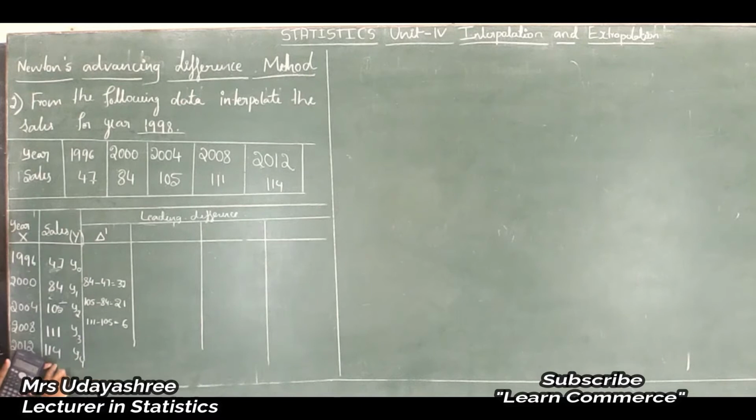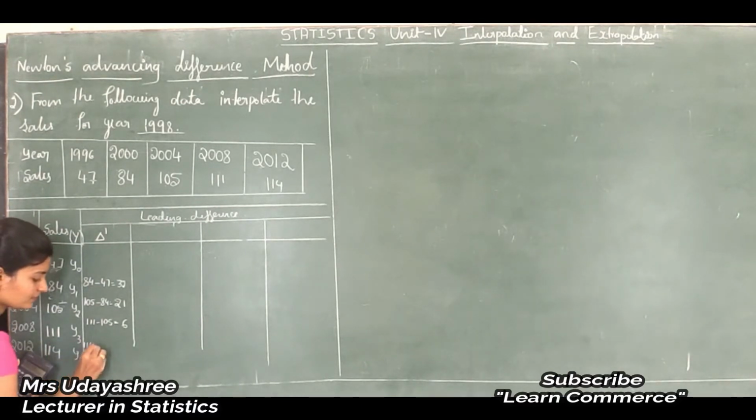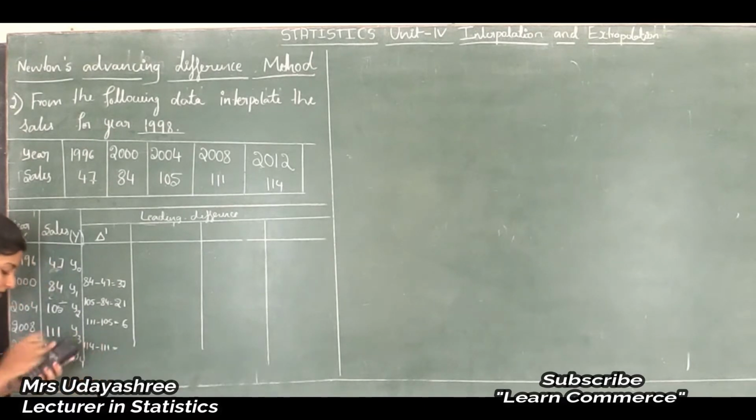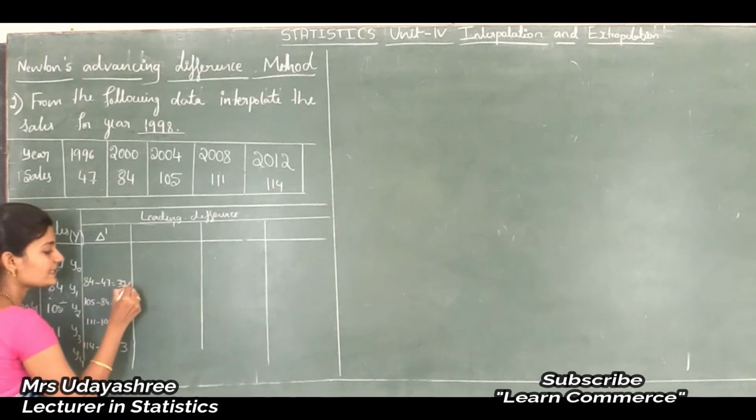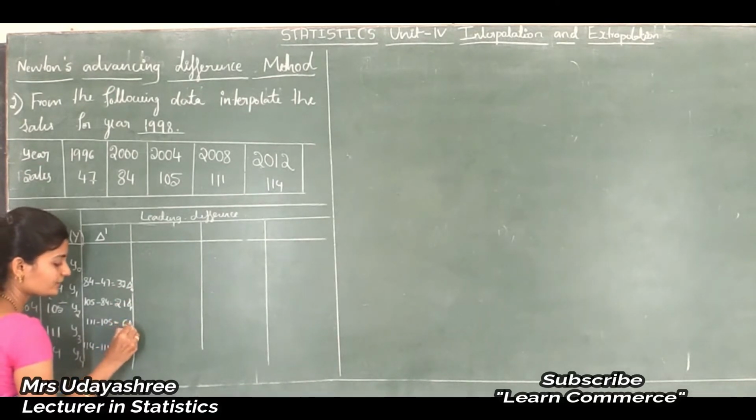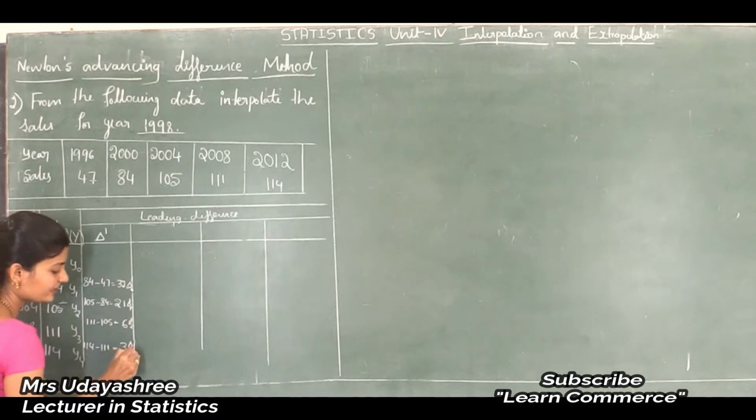Next, 114 minus 111 is 3. So this is the first leading difference. The leading difference observations are: the first value is delta 0 1, this is delta 1 1, this is delta 2 1 and this is delta 3 1.